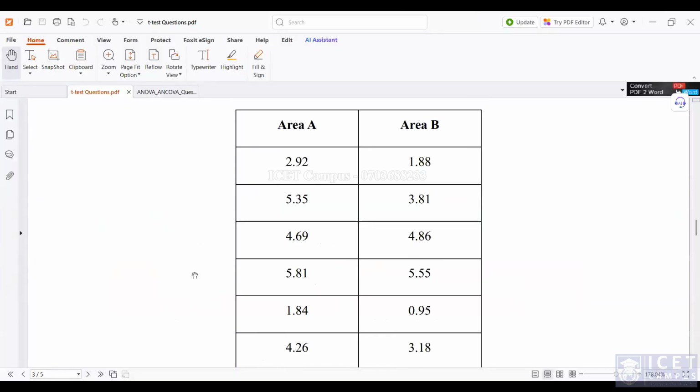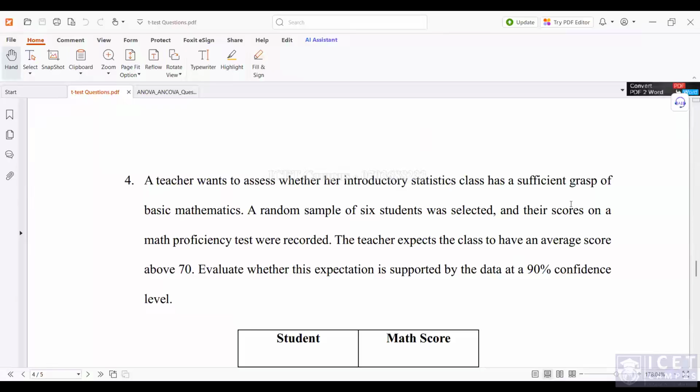Right. Next question. Question number 4. A teacher wants to assess whether her introductory statistics class has a sufficient grasp of basic mathematics.